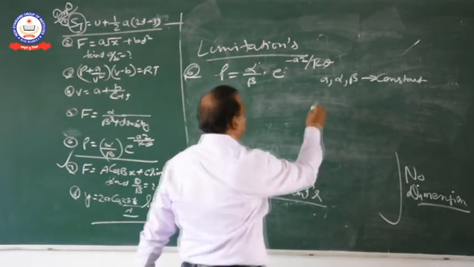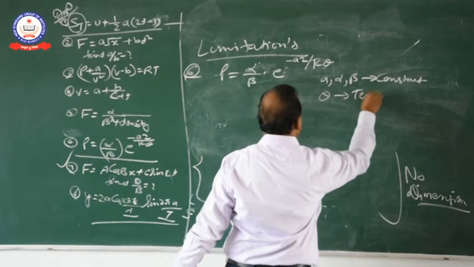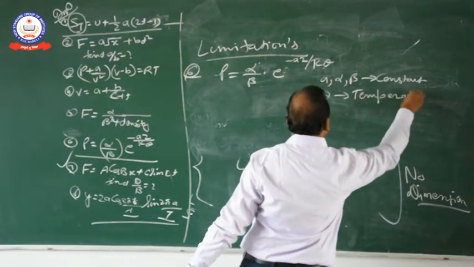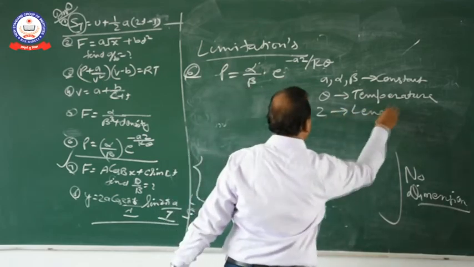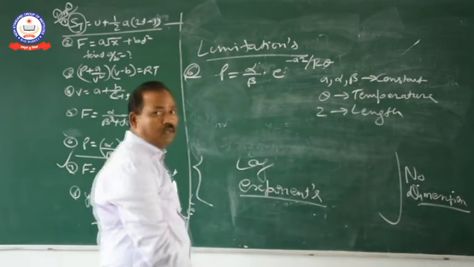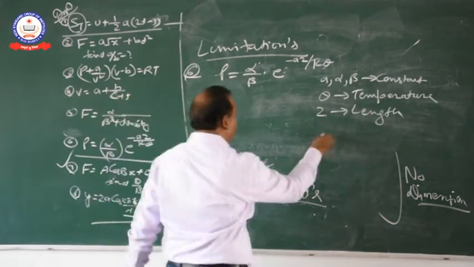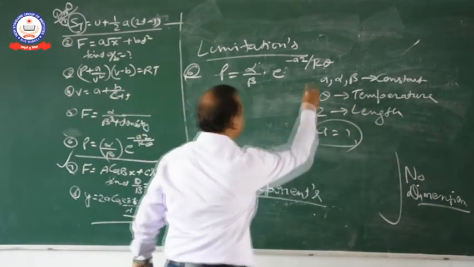Theta is temperature. Z is length. Find the dimension of a.